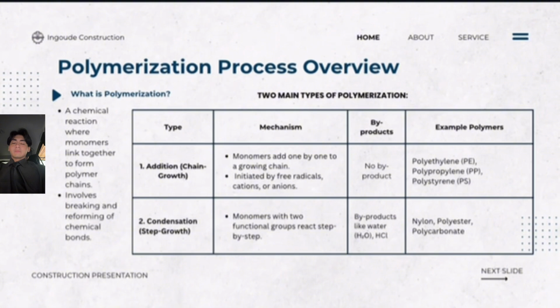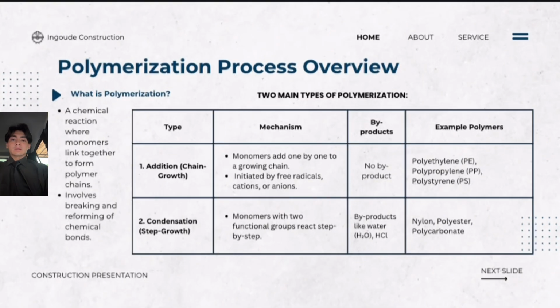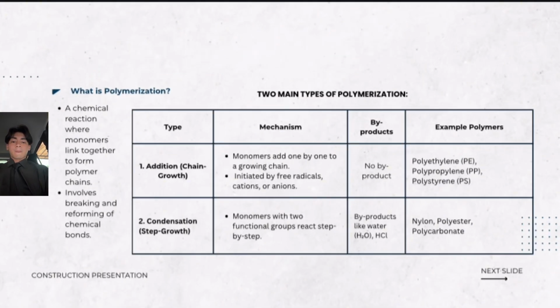Condensation polymerization involves monomers with two functional groups reacting step by step, forming byproducts like water or HCl. Examples of polymers formed this way are nylon, polyester, and polycarbonate.